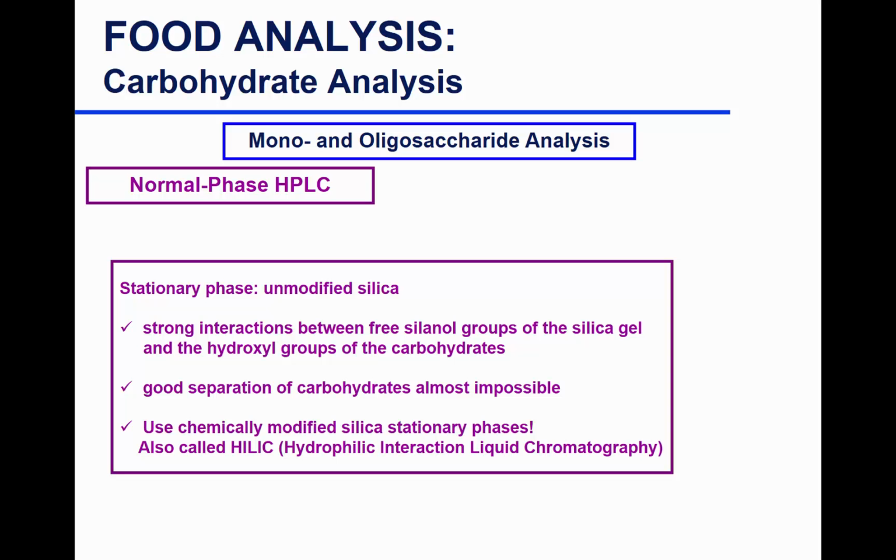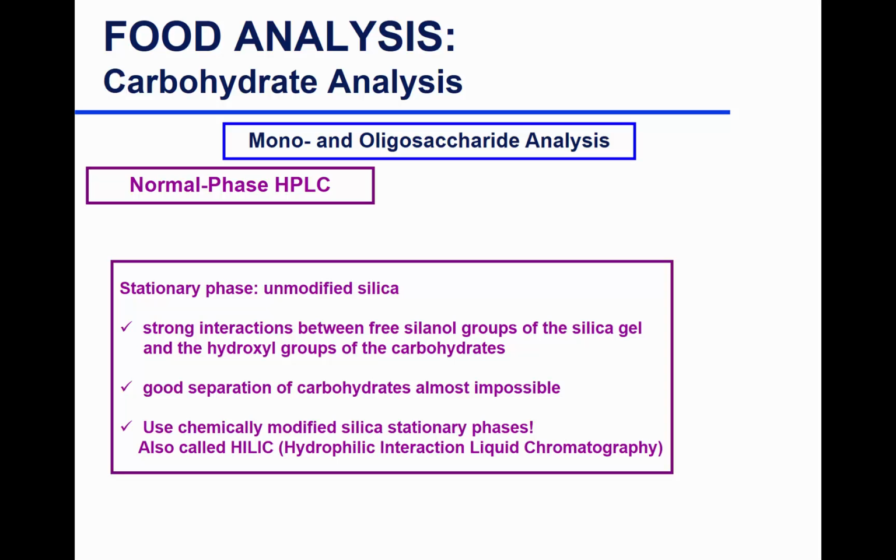This is the type of interaction that occurs in this type of chromatography. However, since carbohydrates are very similar in terms of polarity, this can be very hard. The resolution won't be good, basically. You don't get good separation.